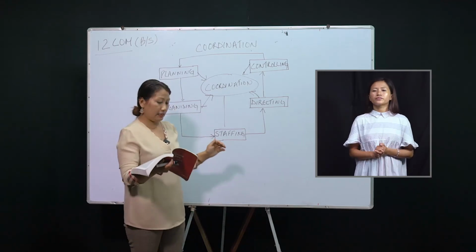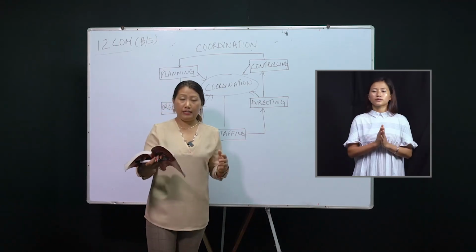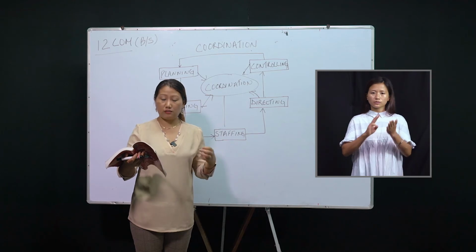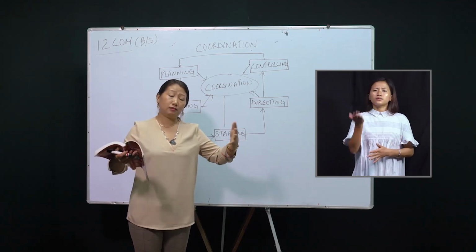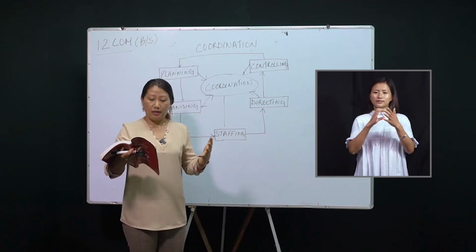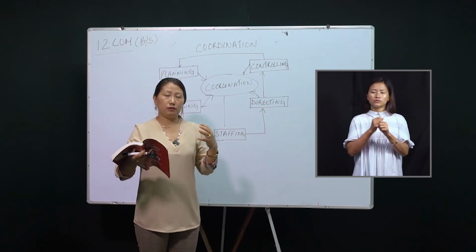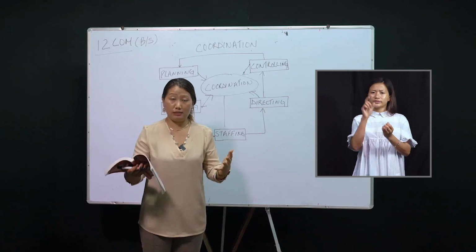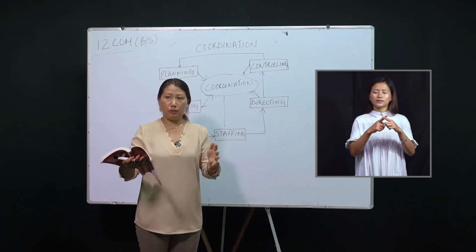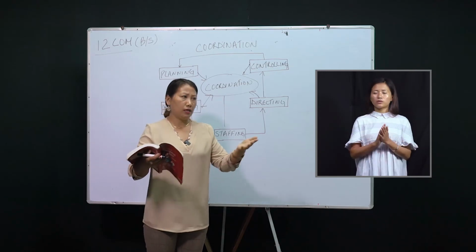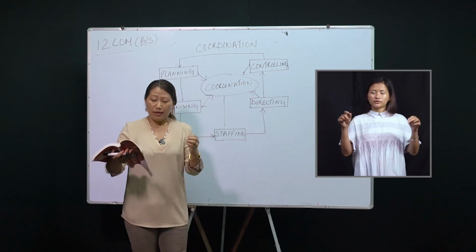The last point is specialization. In a modern organization, because of advanced technology, diversification and use of high tech, an organization requires some specialists. A specialist means someone who is an expert, maybe a computer operator or in some technology.